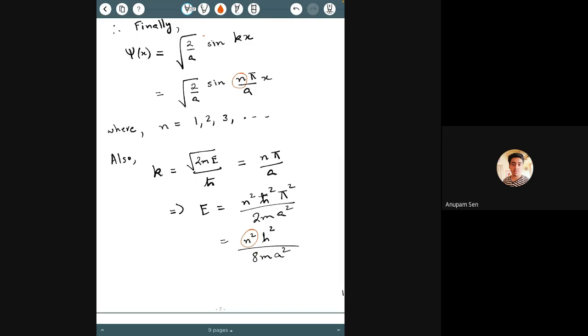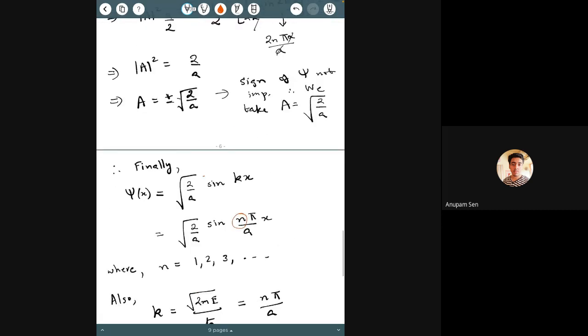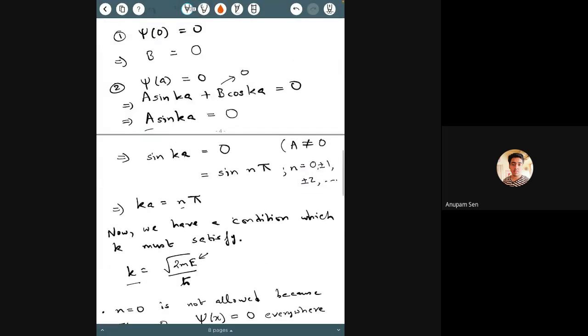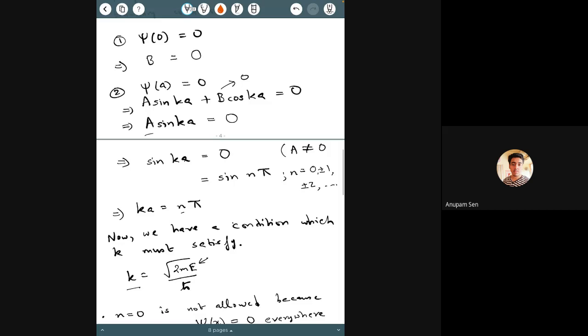So you have pairs of energies and wave functions, which give you discrete energy levels and a wave function corresponding to each level. So automatically there is a quantization of energy. It crept in very innocuously. It was just a boundary condition, that psi at a should be 0. Just this condition gave you a quantization.